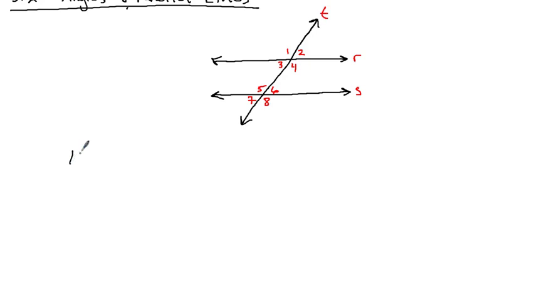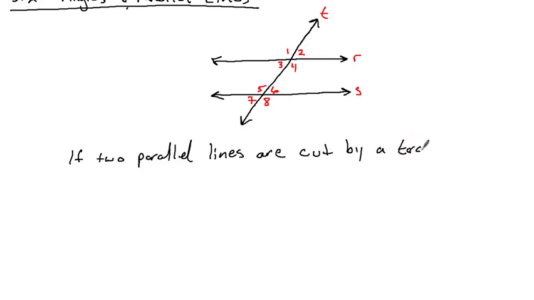So if two parallel lines are cut by a transversal, then... Okay, so all 5 of these theorems that we're about to write down start out by saying if two parallel lines are cut by a transversal.